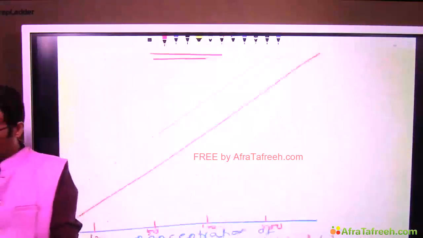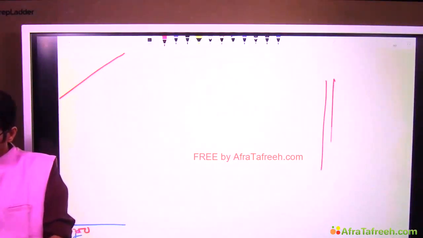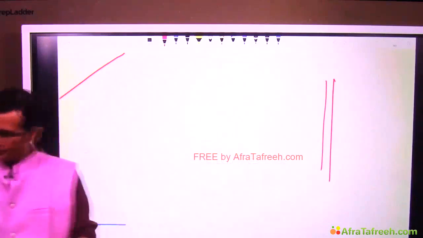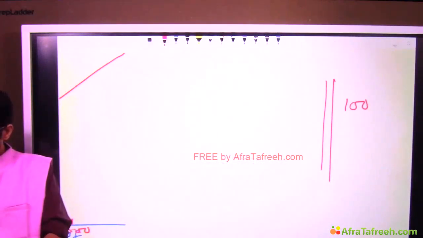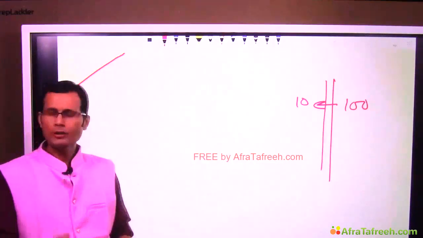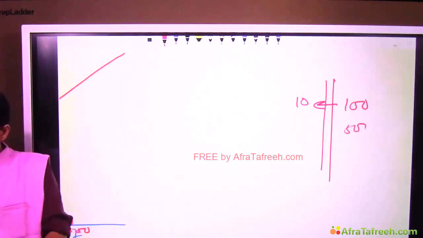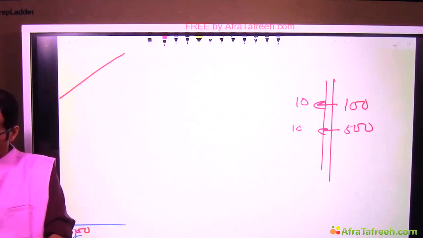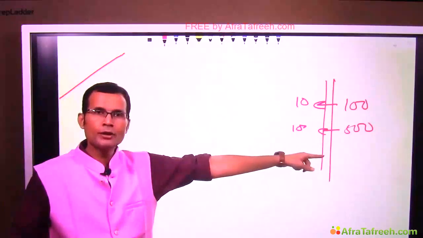Here is the simple diffusion, and this is a concentration gradient, 100:10. Diffusion will occur. 500:10. Concentration was increased on one side.